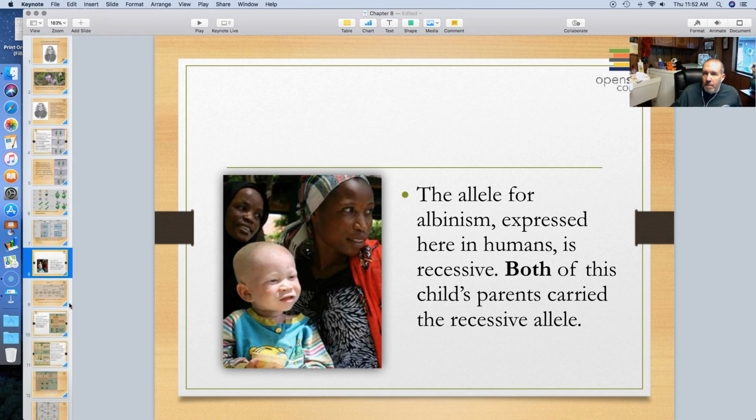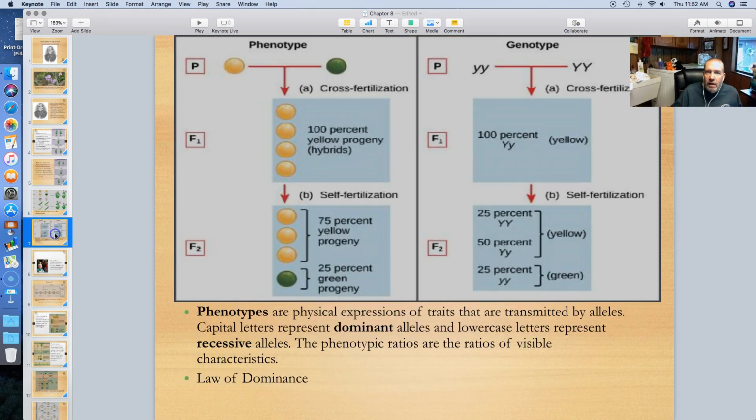Now again, remember, just because the mother and the father both have a recessive allele, like might be the case with this parent, right? Any two of these that we cross to each other, both of them have a recessive allele. And then again, we know that about 1 out of every 4 offspring carry both recessive alleles, which is the only way you get a green colored pea.